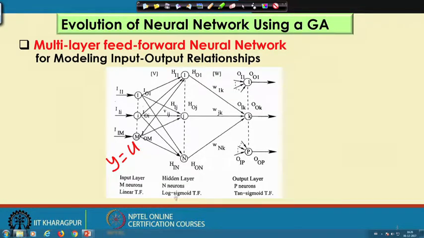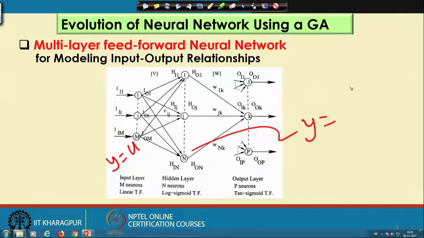Similarly, in the hidden layer we generally use this type of log sigmoid transfer function, where the expression I have already given: y is nothing but 1 divided by 1 plus e raised to the power minus a u.